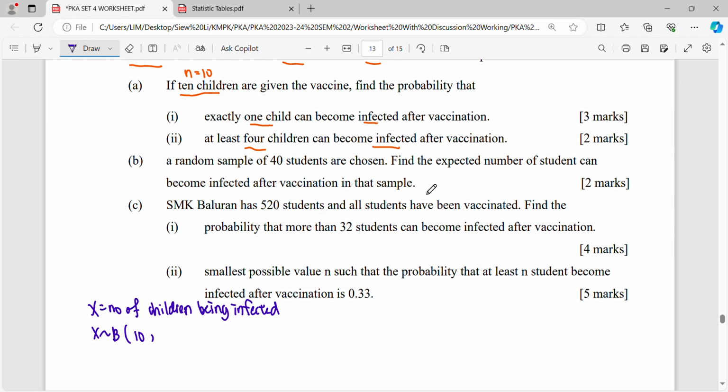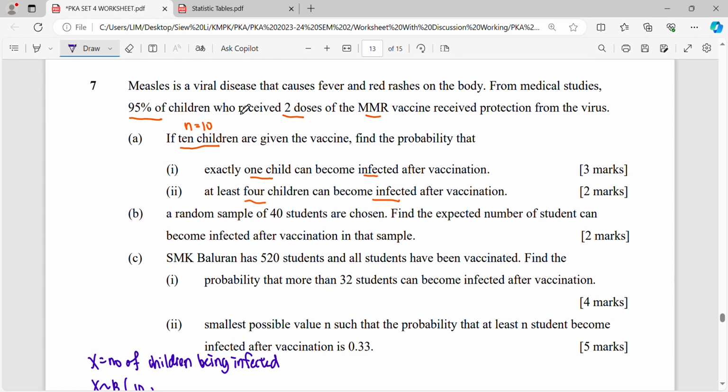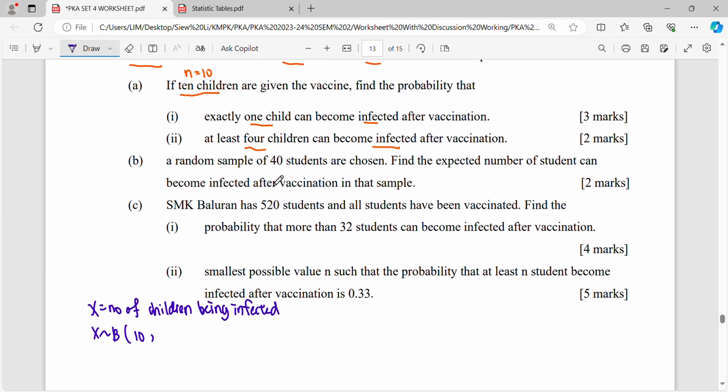Being infected, we say 95% if you receive 2 doses of the vaccine, you will get protection. So that means another 5% will be infected. So if we are analyzing on infected, our probability of infection is 0.05 after the vaccine.